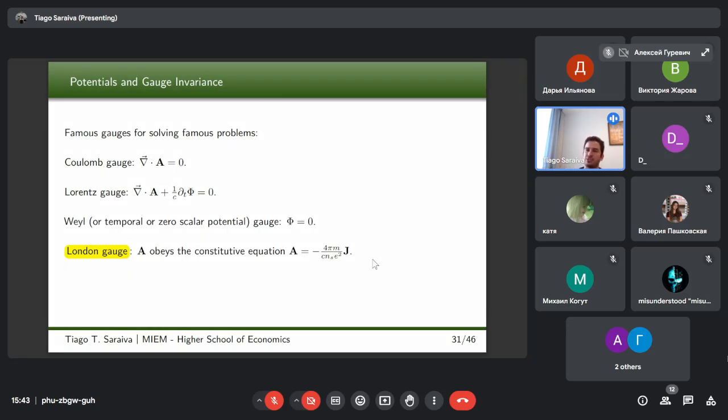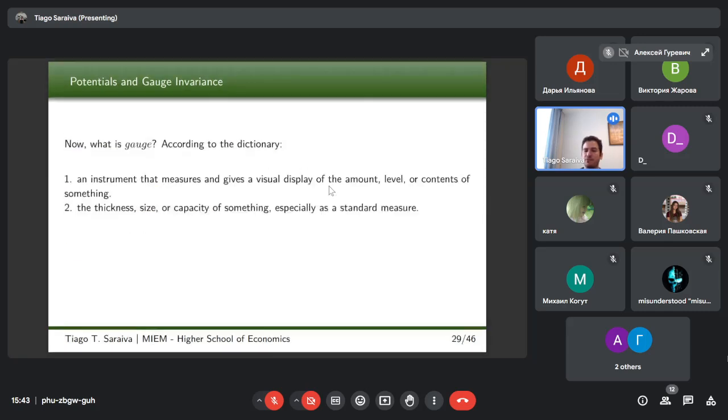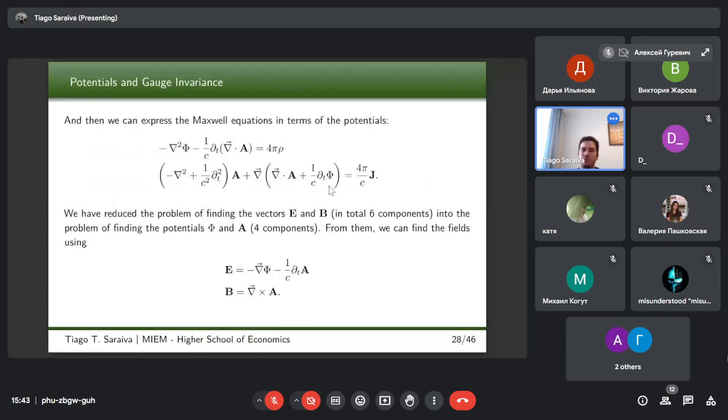And there are many gauges to study. People study Maxwell equations in many forms. You have a lot of freedom when you introduce these potentials. It's like when you integrate something, with an indefinite integral you have a free constant there.